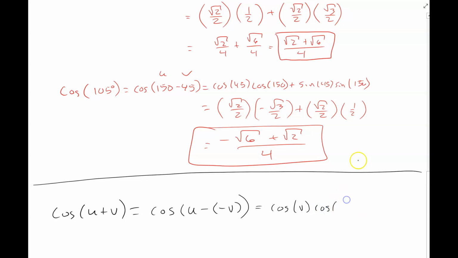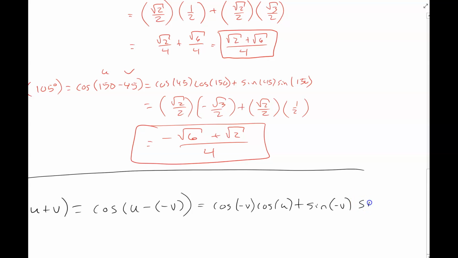So if I use my previous identity, I can get this for basically nothing. I don't have to go through and do another long derivation here.